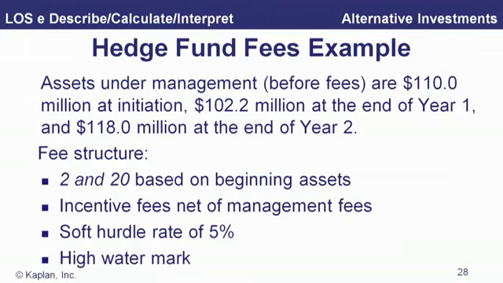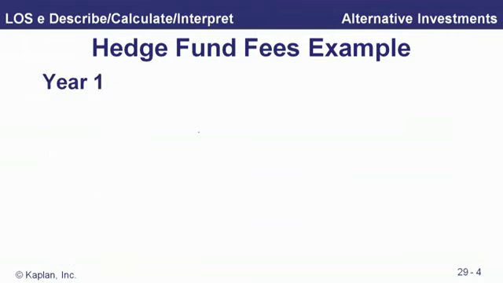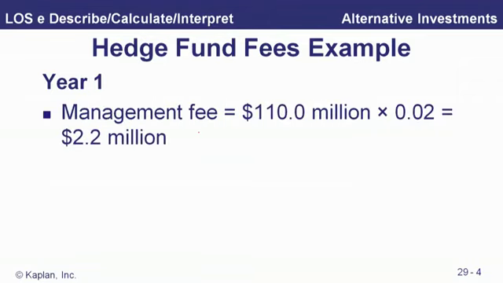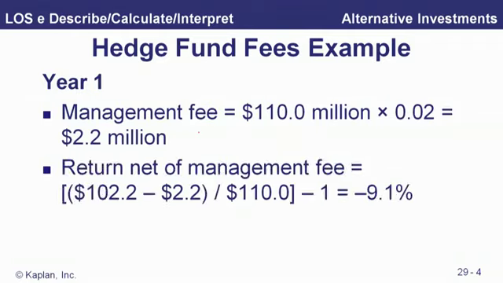Well, we've complicated this as much as we possibly could for you, so let's take a look at each of these and see how it works out. Year 1, management fee. Well, we said that was on beginning assets, which were 110 million. 2% of that's 2.2 million. That's the management fee for year 1. What is the return net of the management fee?